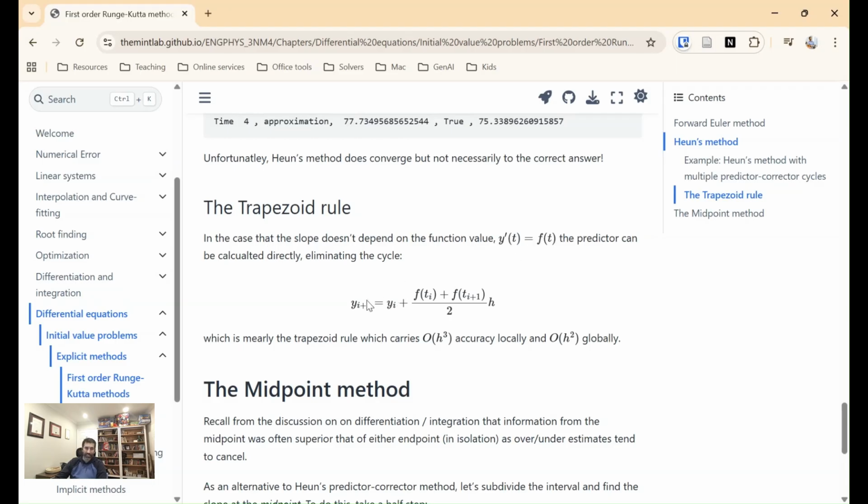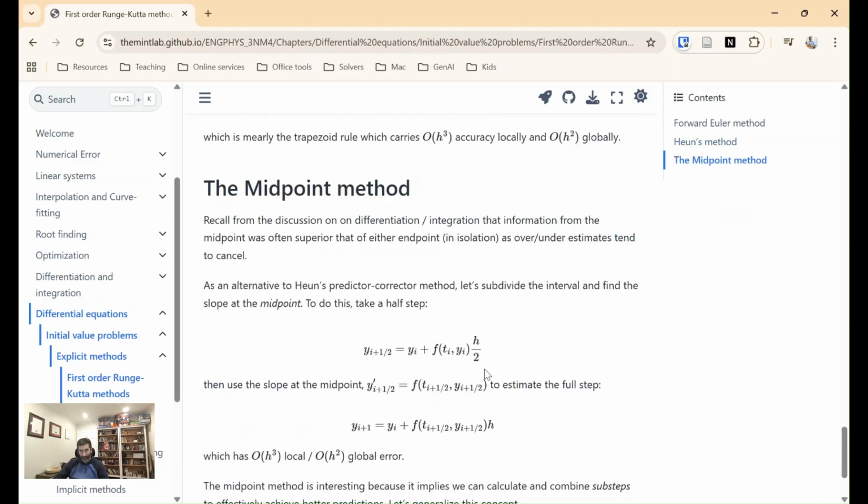You eliminate the cycle, and lo and behold, what you end up with is the trapezoid rule. But this is not a very useful case because we have more tacked onto there. If we could use it, of course, this would have order h cubed locally and order h squared globally.